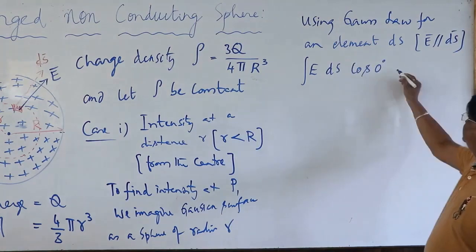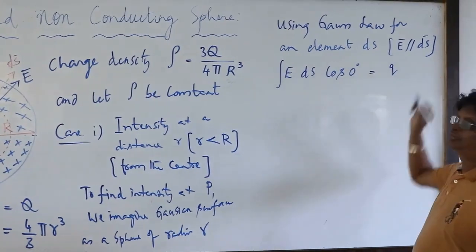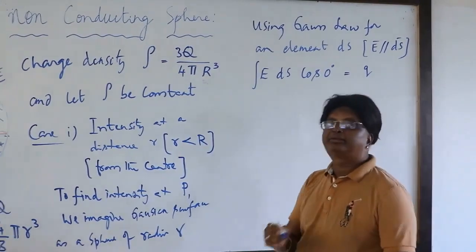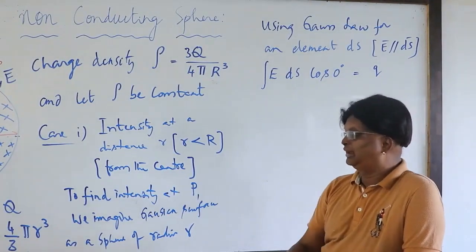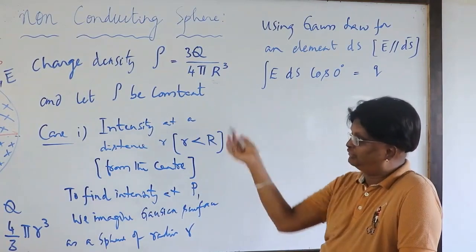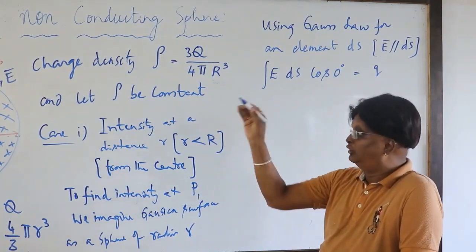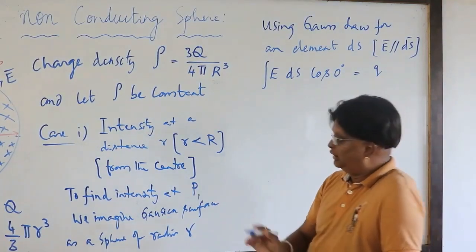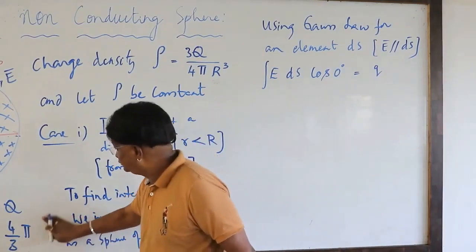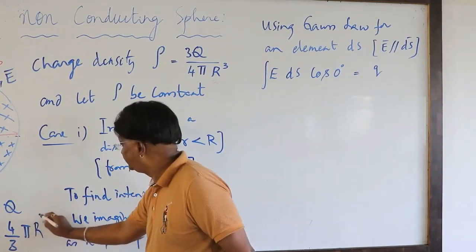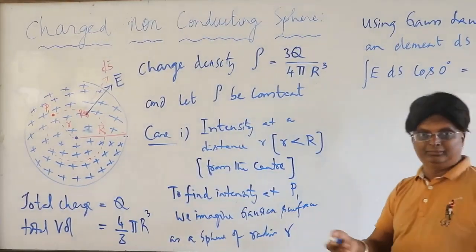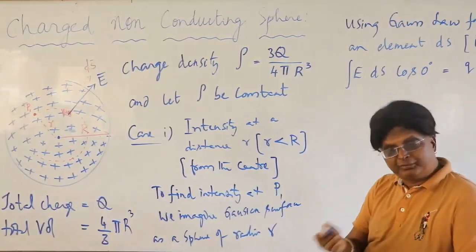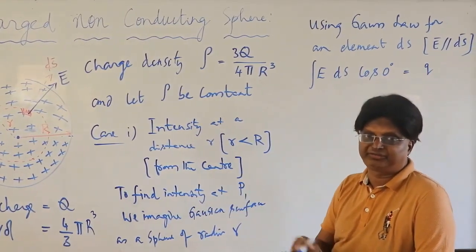E ds is equal to q by epsilon naught; I will now write this as small q. Remember, when we are using symbols, let us be very, very cautious. Earlier I put capital Q, the total charge distributed in the volume of 4/3 pi R cube. I'm sorry, here also capital R cube, right? Small mistakes like this do happen, and they happen to be the costliest mistakes.